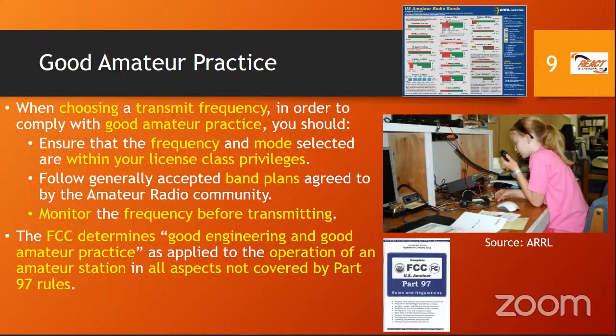If you click on those links, we have all of the handouts, all of the material that's been distributed, including a full copy of Part 97 in PDF form. So that's a good document to have a look at, because a lot of the theory that we're discussing comes from Part 97, which is the rules and regulations. And the FCC determines what's good engineering and good amateur practice, anything that's not covered by Part 97. And we need to know this for the exam.